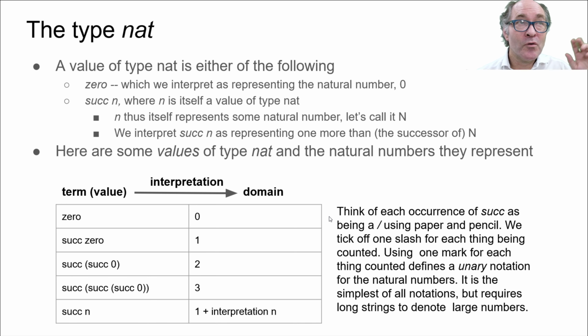Now we need to think, well, how would we then build a representation and implementation, if you will, of operations that are faithful to the actual corresponding operations in the domain?